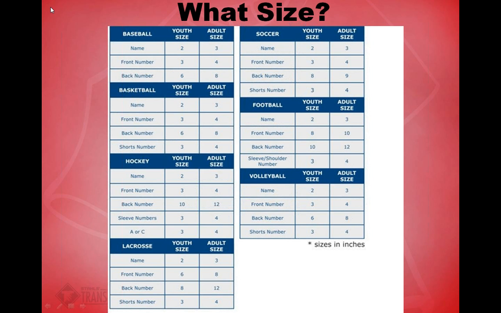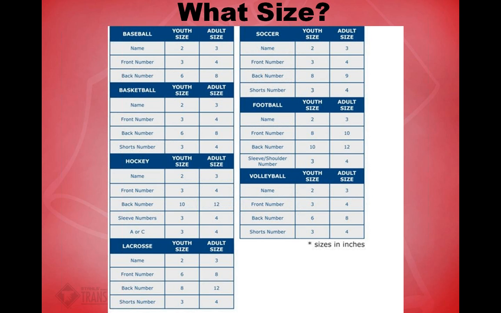Now, as promised, I know this is a tad bit small, but about the appropriate sizes to put on what type of jersey. The chart that I have up here is a fantastic reference. What we've done is we've broken it down by sport, and we're just showing you the appropriate sizes for names and for numbers, and the standard locations to put on different jerseys for different sports.